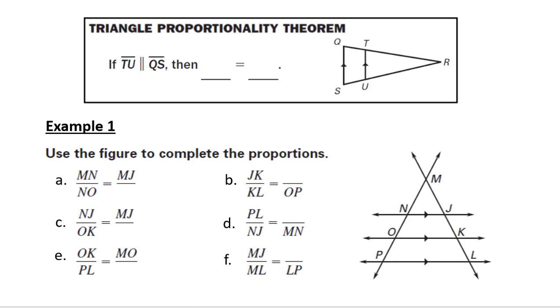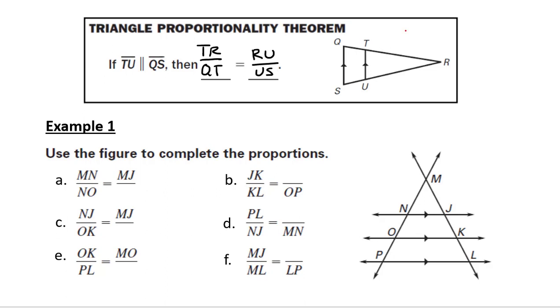Triangle proportionality theorem. So if TU is parallel to QS, then I have some certain proportions. TR is going to be proportional to QT, as RU is proportional to US.